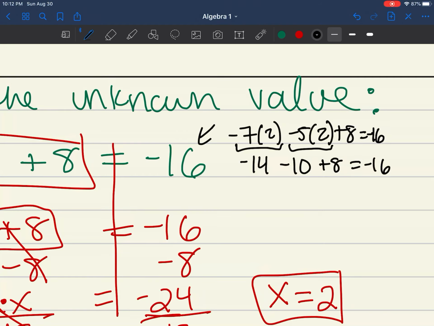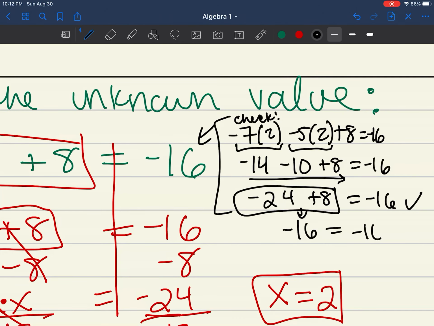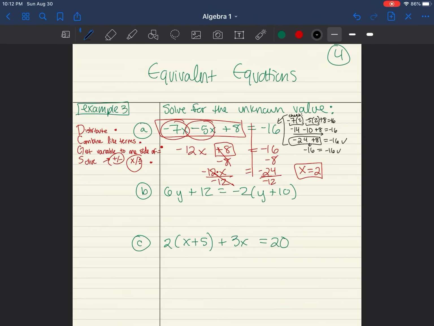So I'm doing PEMDAS when I check. And now I just have adding and subtracting left, so I go left to right. So it's negative 24 plus 8, and that does equal negative 16. So we did check our answer, and we are good to go. So it's important to check your answer like this if you're ever unsure.